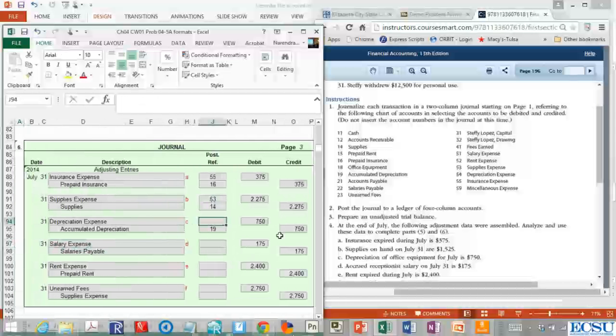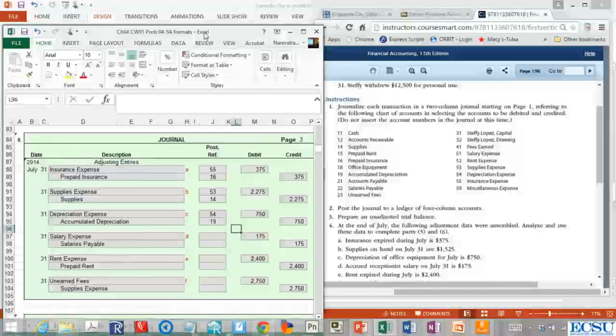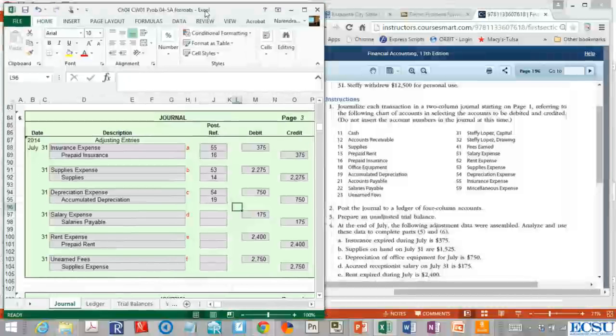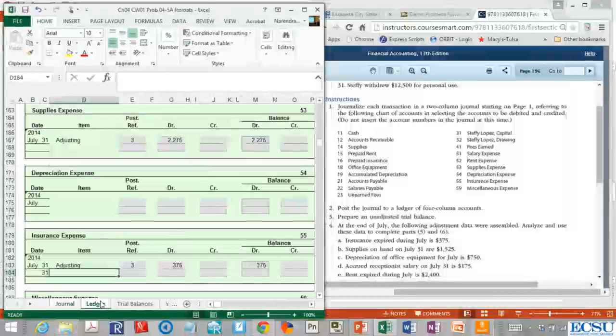Okay, this is 54. All right, now I go to 19 and credit it. So let's go to the ledger. Find 90 depreciation expense.